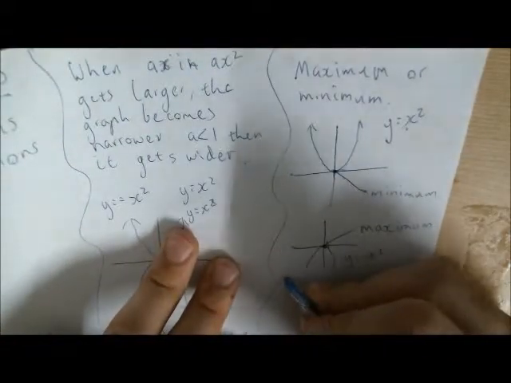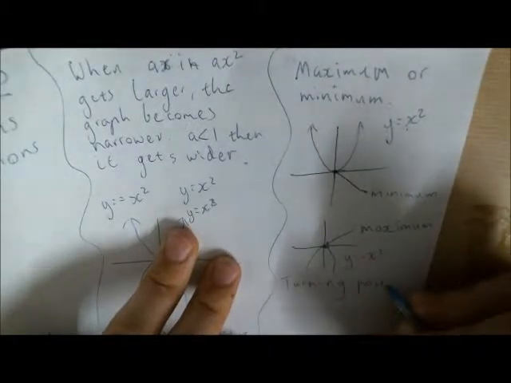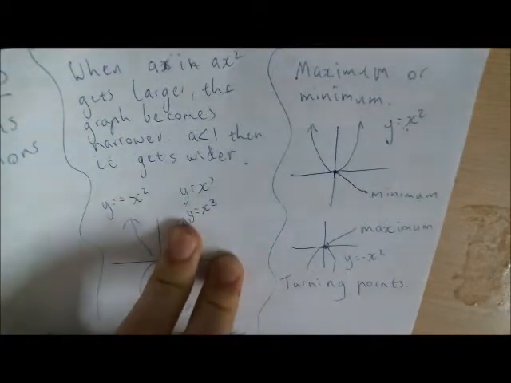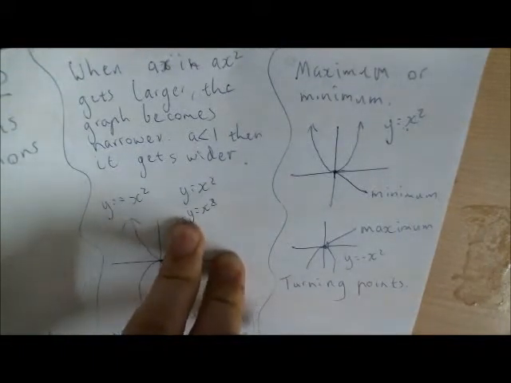So these are called turning points. Put simply, it's where the graph turns, and it can either be a maximum or a minimum.